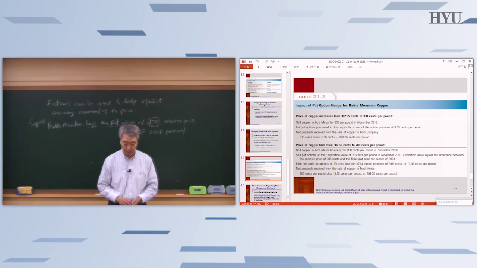The current price was 302.65. Well, in the second case, what happened here? You ended up receiving only 293.35 cents.